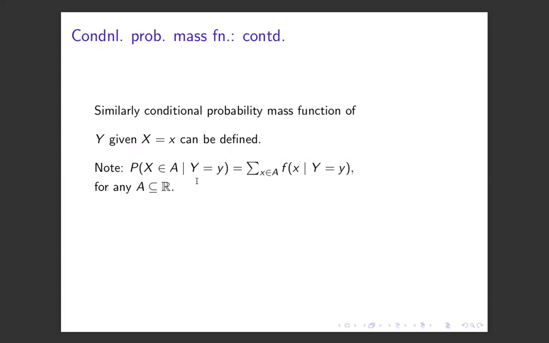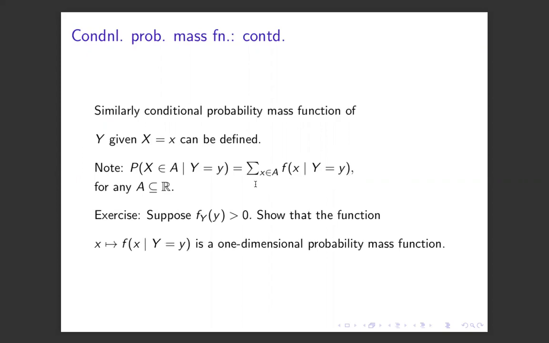What you will do is add up all the conditional probabilities as x varies over the points of A. Each item is basically the probability capital X equal to little x given Y equal to little y. So you are adding over those x's which are coming from A. Again, it is something which you already know.